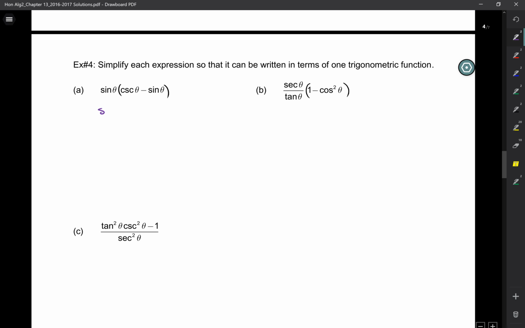So this is sine of theta times 1 over sine of theta minus sine of theta. Now, can I distribute that sine of theta? So I get sine of theta over sine of theta minus sine squared theta. Check out how cool this is. Oh my gosh. 1 minus sine squared theta. And what is 1 minus sine squared theta? Cosine squared theta.